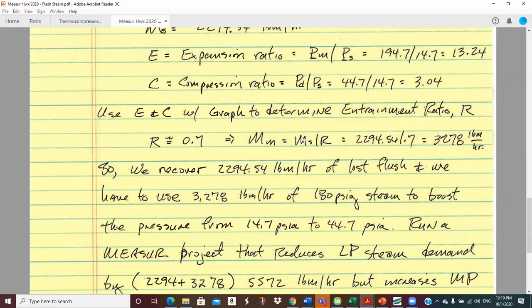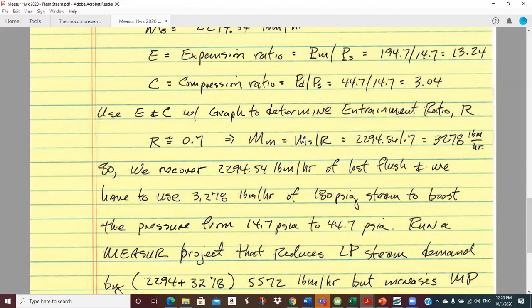So then I said, well, okay, now I've got numbers. I can go back into MEASURE, and I can increase the 180 steam use, but then I'm going to be putting that 30 pound steam into the header, so I get to reduce that. And so I'll let MEASURE evaluate this for me. Now, is it perfect?